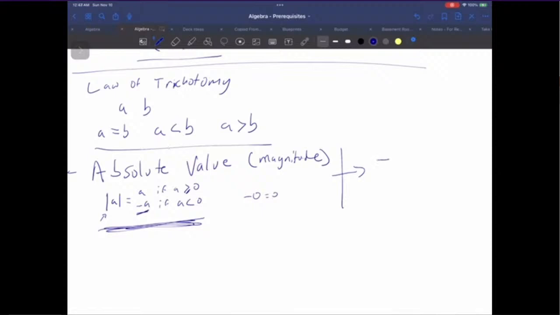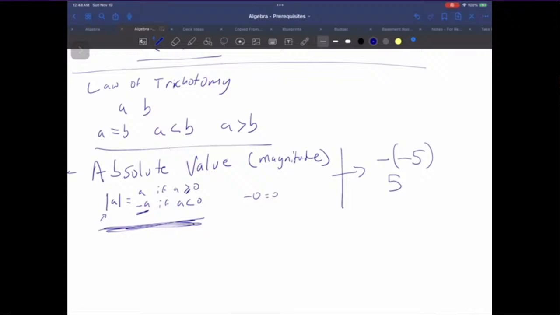The negative of a negative number is a positive number. That becomes important later, but just note for now, that's what that means. So negative times a negative is a positive, and for our purposes here, the absolute value of a negative number is the number without the negative sign.